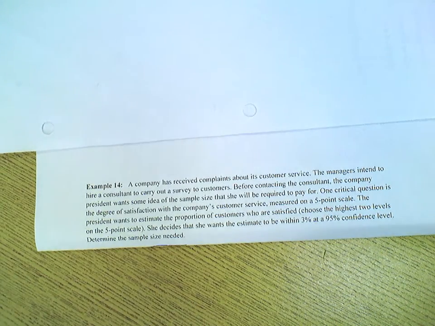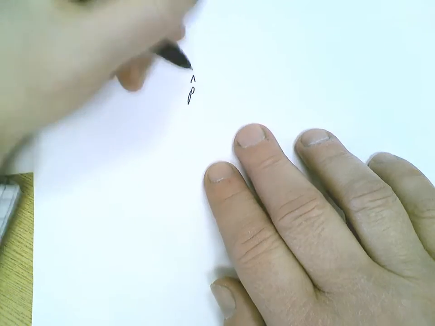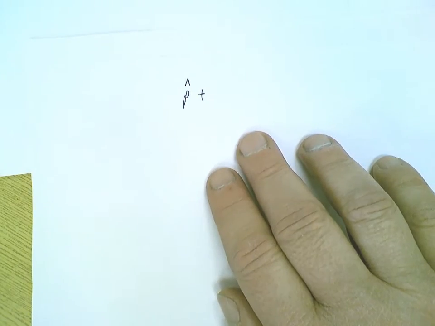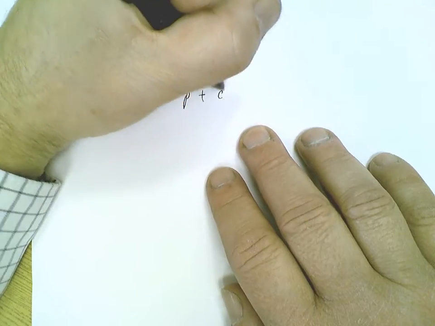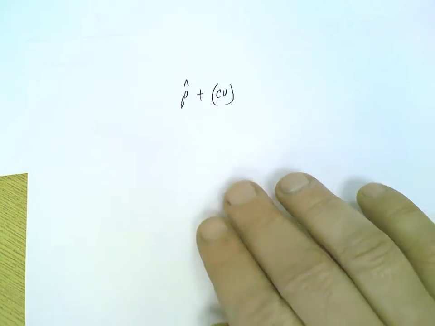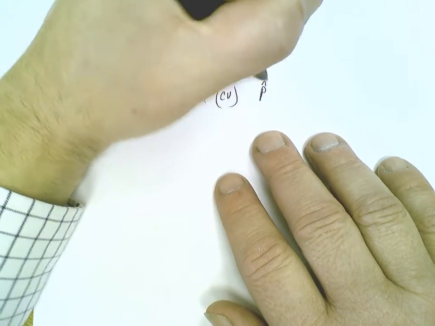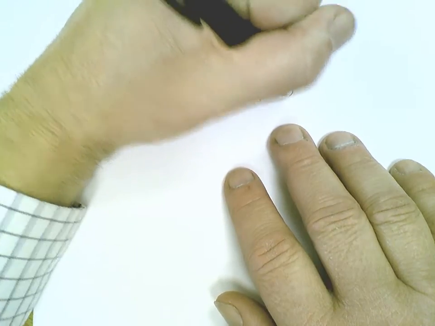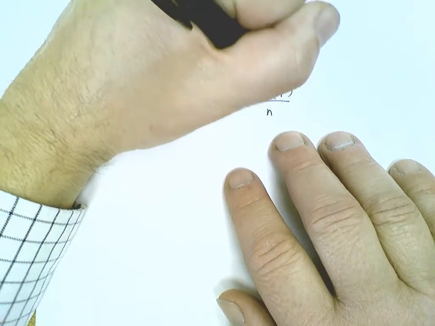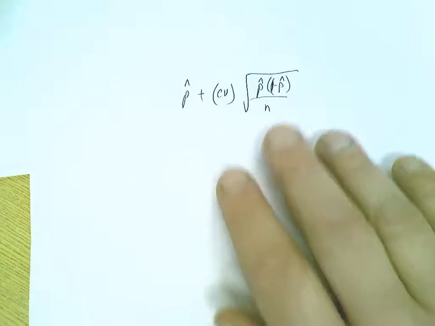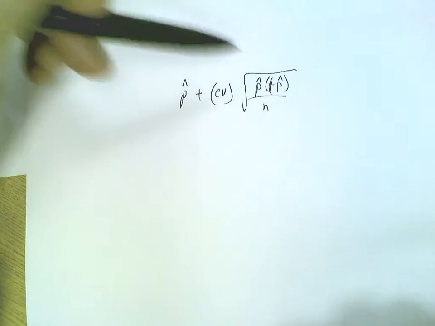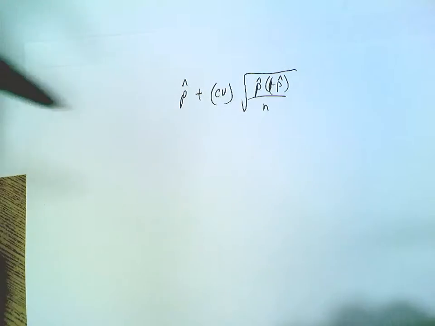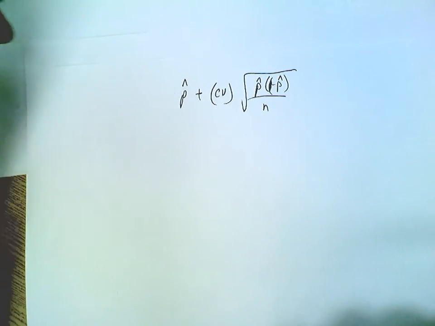So let's talk through how we go ahead and solve this type of problem. We'll start with our basic fact. Our confidence interval looks like p hat, whatever we get, plus a critical value based on our confidence level times our standard deviation of the population proportion, which is the square root of p hat times 1 minus p hat, all over n, that whole thing square rooted.